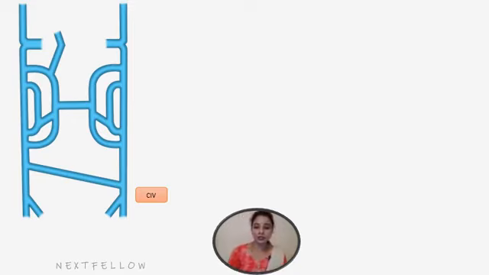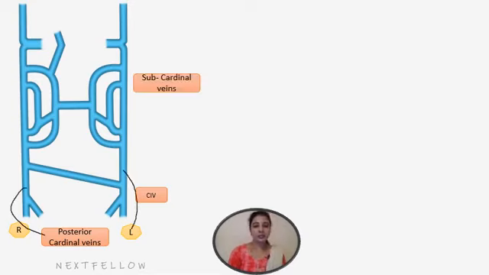So here we can see the cardinal veins. These are the right and left cardinal veins, the posterior cardinal veins. This is the right posterior cardinal vein. This is the left posterior cardinal vein. And we can see the development of extra vein sets parallel to these cardinal veins, which are called subcardinal and supracardinal veins.